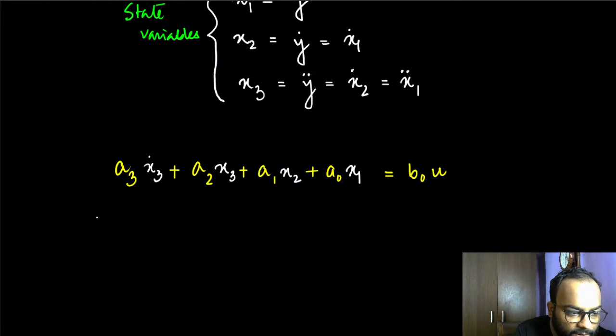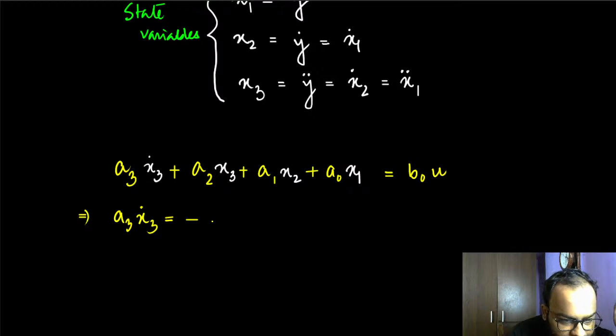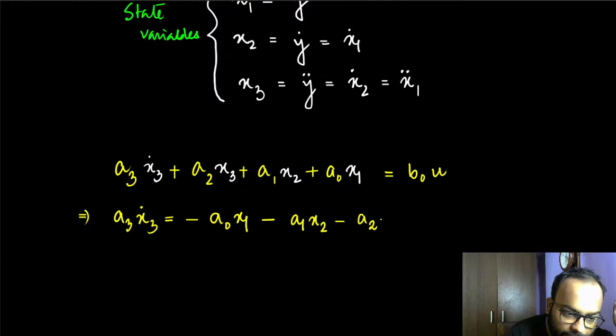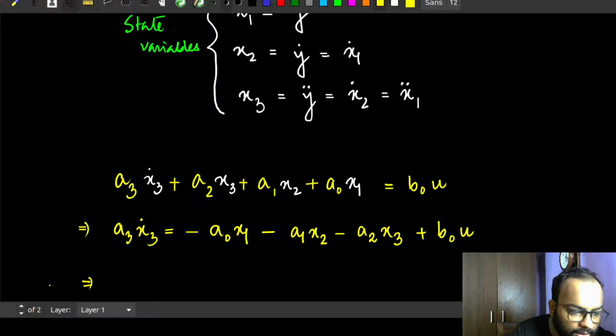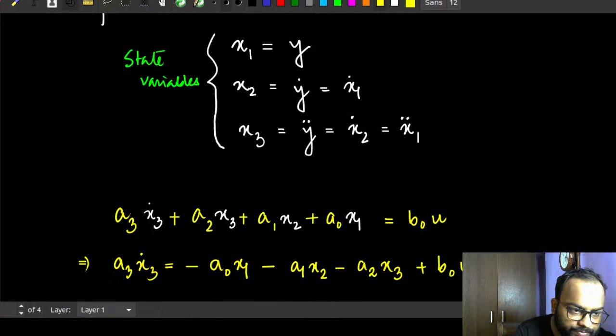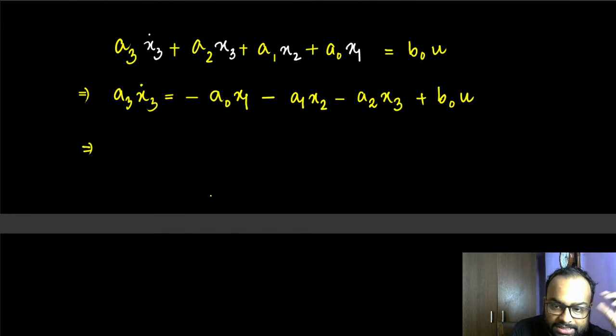Now, if you look very carefully, we can actually do some simplification on this as well. So we are writing a3 x3 dot, and that equals minus a0 x1 minus a1 x2 minus a2 x3 plus b0 u. Now we can divide both sides by a3.